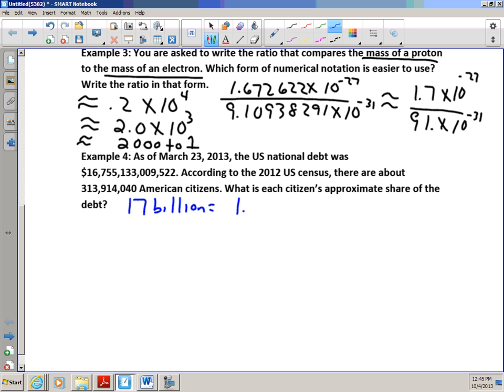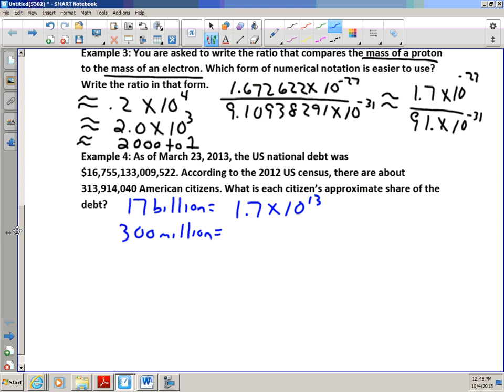That's going to be 1.7 times 10 to the 13th power. How did I get 13? 3, 6, 9, 12, and I have to move over one more place to get 13. And then instead of 313 million, I'm going to say 300 million. It'll give us a close enough approximation.